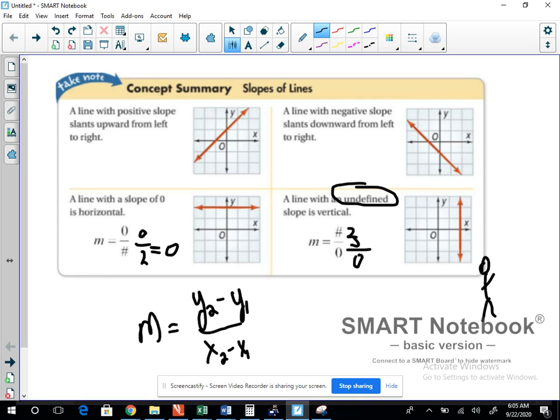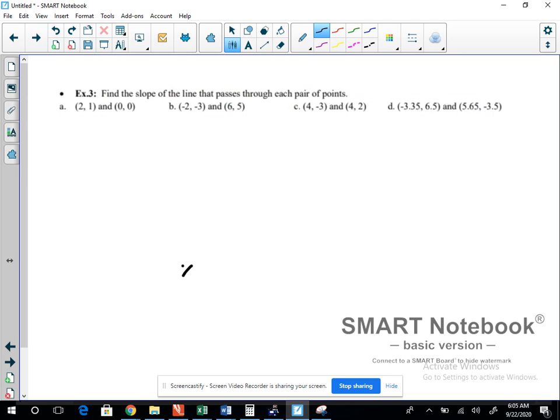Now, what's important is, see, x2 and y2 are what we call an ordered pair. So if you had 2 numbers, say 2 comma 3, those 2 have to go together. So the ordered pairs have to be paired together, and the y1 and the x1 have to be paired together.